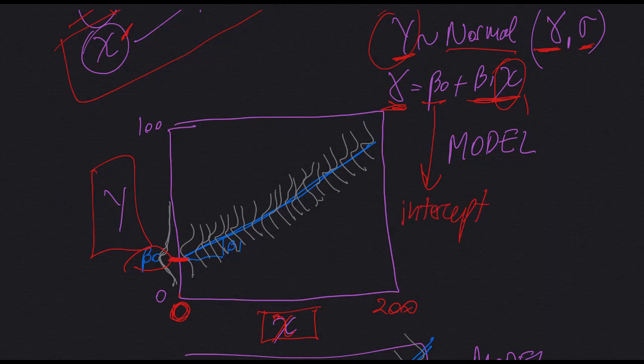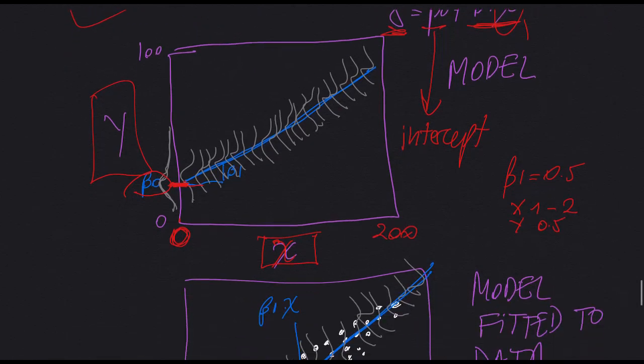And then the slope is given by the number of units of increase in y as a function of the increase of 1 unit in x. So for example, if beta 1 equals 0.5, it means that when x goes from, let's say, 1 to 2, then y will increase 0.5 points.